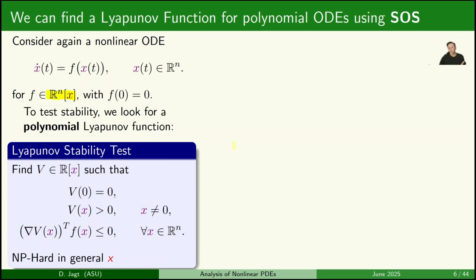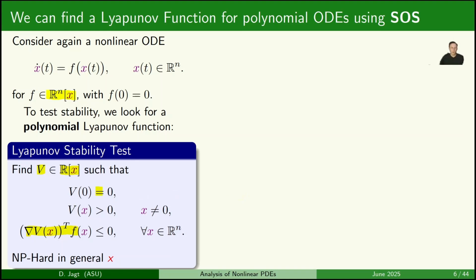So if the vector field f is polynomial, and we choose our Lyapunov function phi to be polynomial as well, then the derivative of this Lyapunov function along the vector field will also be polynomial. And this is good news because polynomials can be represented numerically. So then, to test stability of our ordinary differential equation, we can pose this problem of finding a Lyapunov function as a polynomial optimization problem.